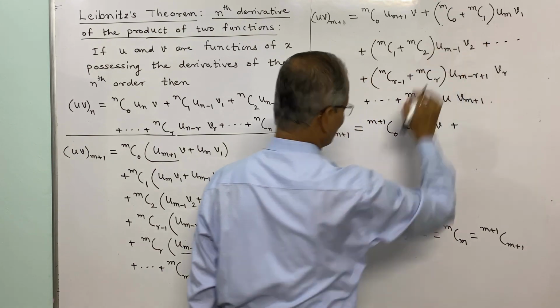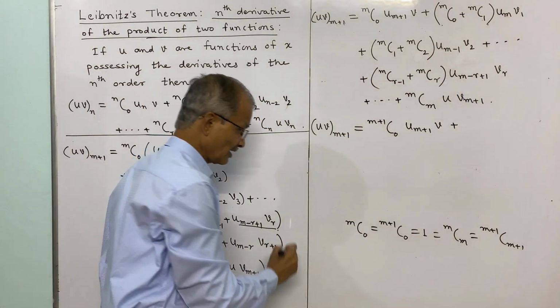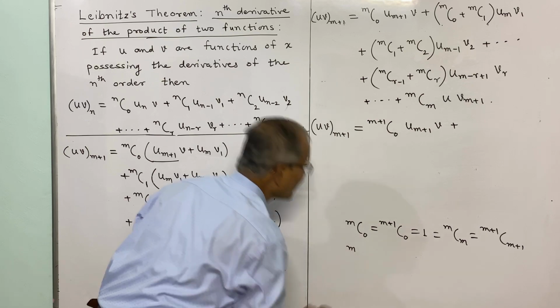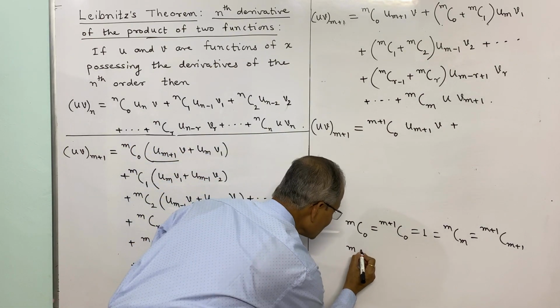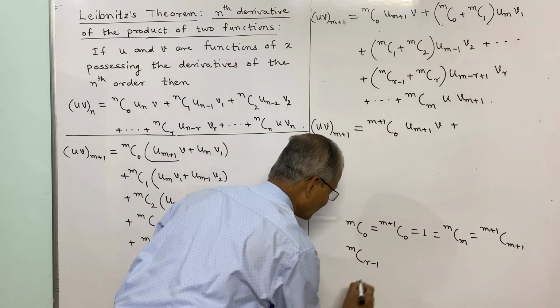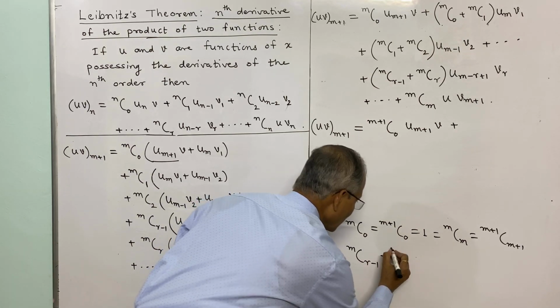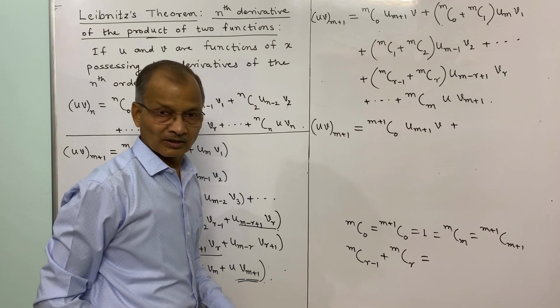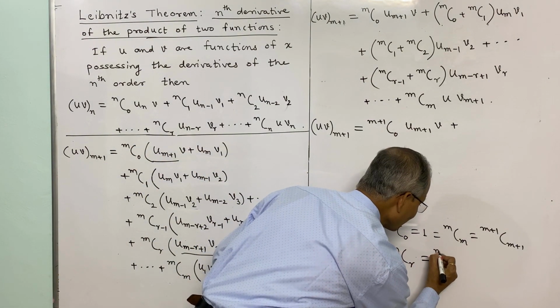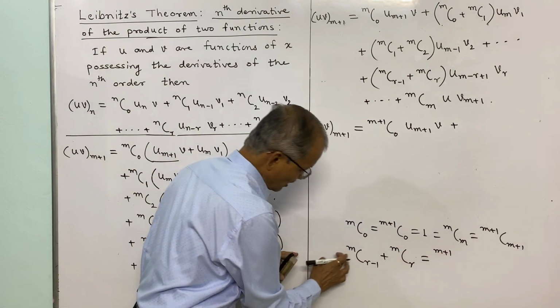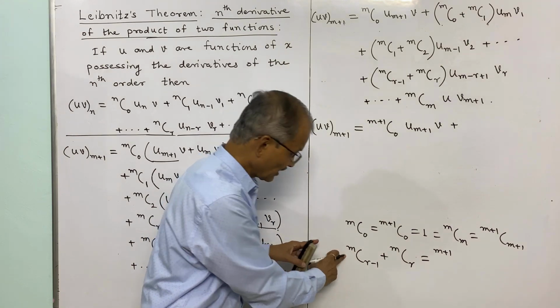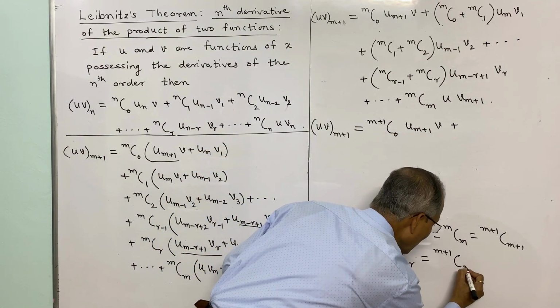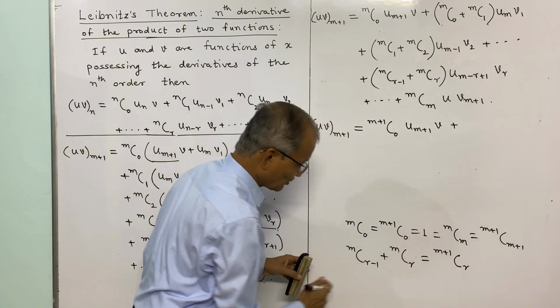Now what about this? This result we have written earlier, that is m choose r minus 1 plus m choose r, and this addition is m plus 1 choose r, that is the upper number is increased by 1, and the lower number is r. So this is the result.